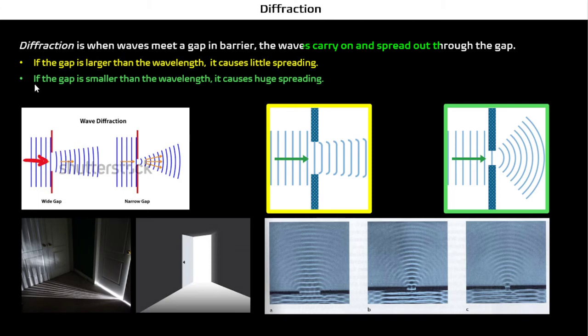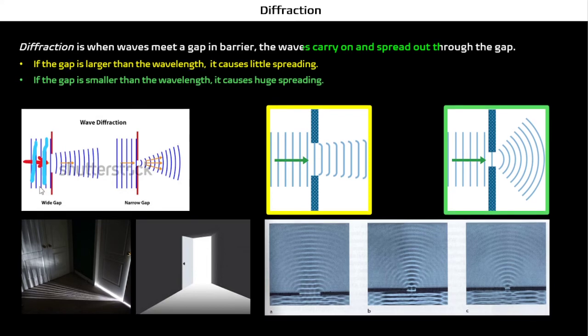Now if we have a very wide gap, which will be very similar to the length of your wave, you should notice that your waves are going to propagate as curves.